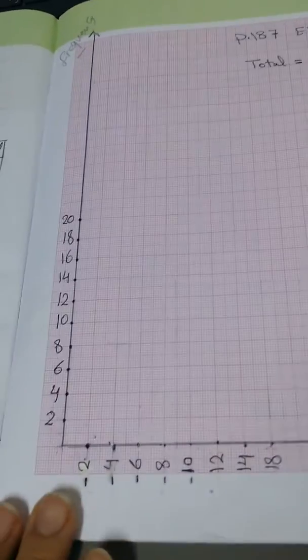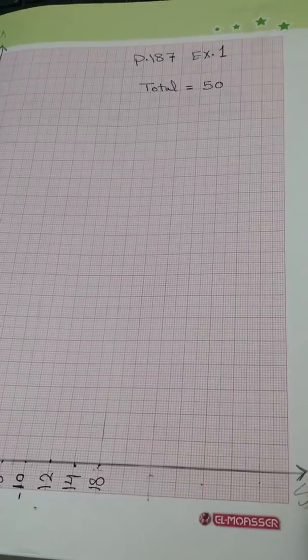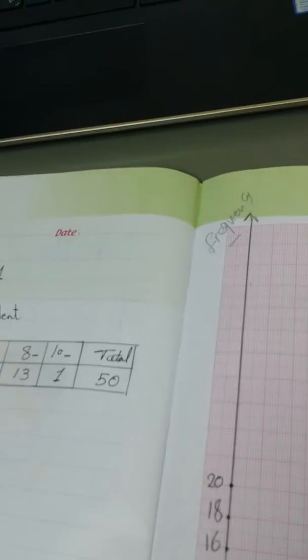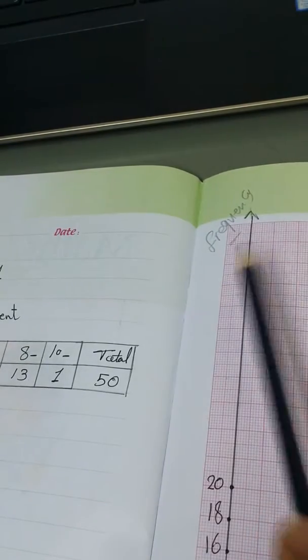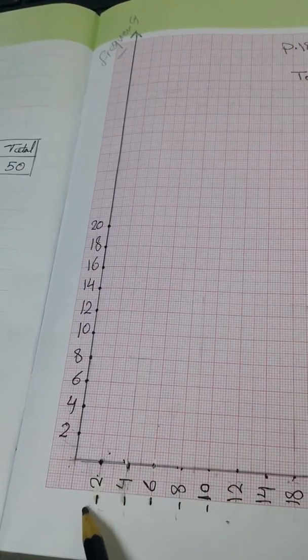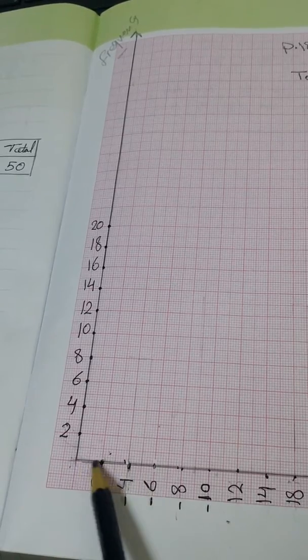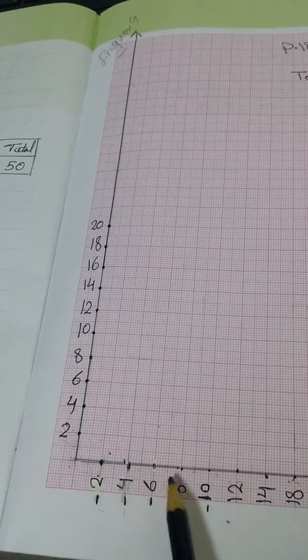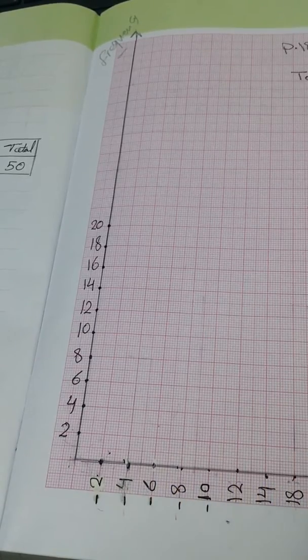Okay, so here we have our axes. The first one is the x-axis that represents sets, and the y-axis represents what? The frequency. Here the first set is 2, then 4, so each square here represents one set: 2, 4, 6, 8, 10, 12 and so on.